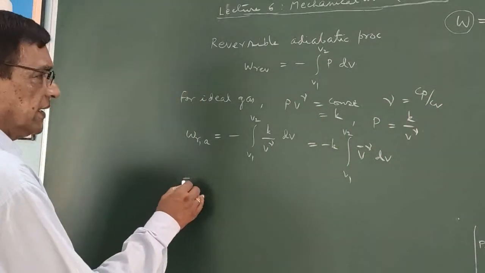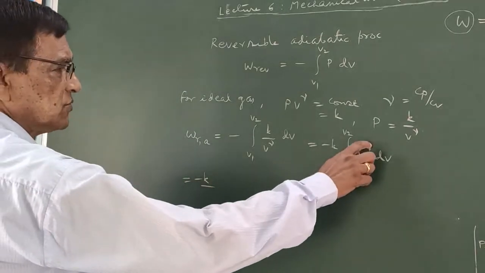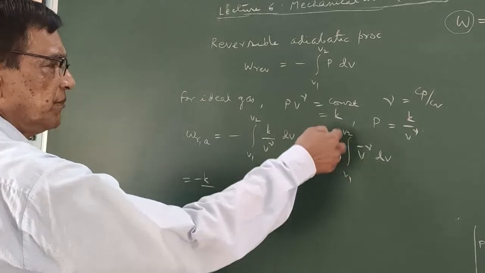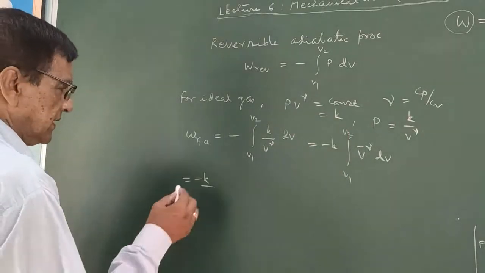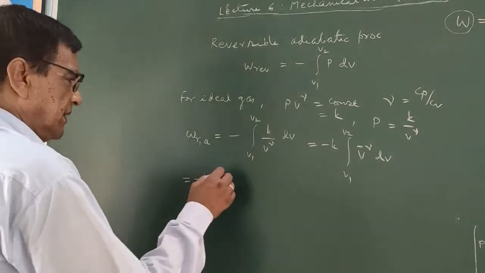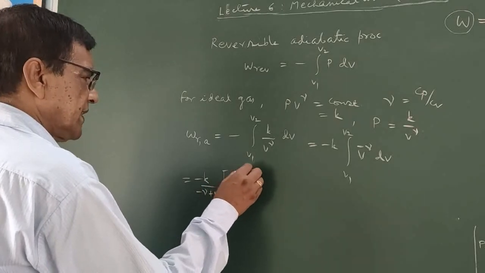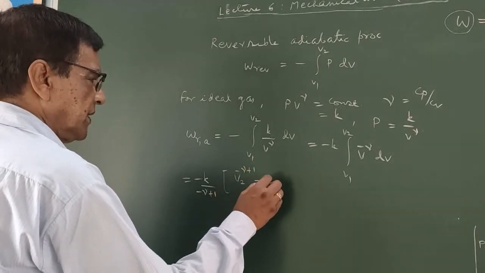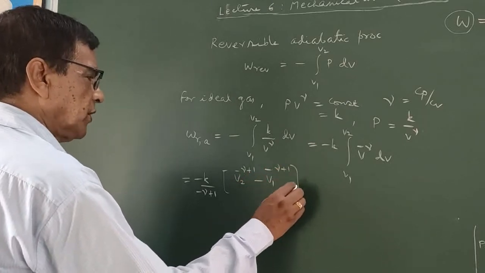So again I can write minus K, and when this is integrated and the limits are put in, it will be over minus gamma plus 1, V2 to the power minus gamma plus 1 minus V1 to the power minus gamma plus 1, bracket close.